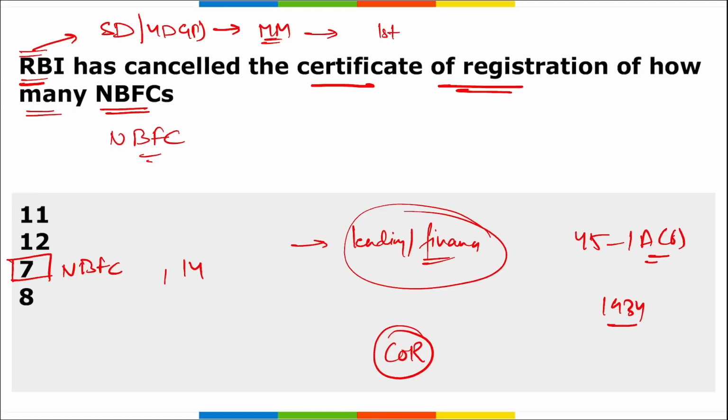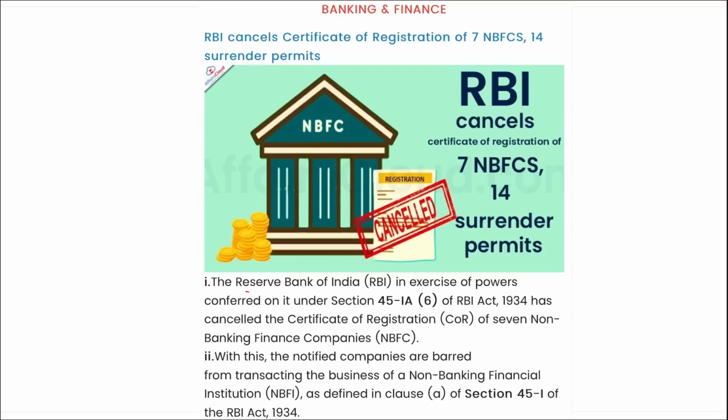It was established on 1st of April 1935. Moving on, here you can see RBI, in exercise of the power conferred under Section 45(1)(a) of Part 6 of the RBI Act of 1934, has cancelled the certificates of registration for 7 NBFCs.